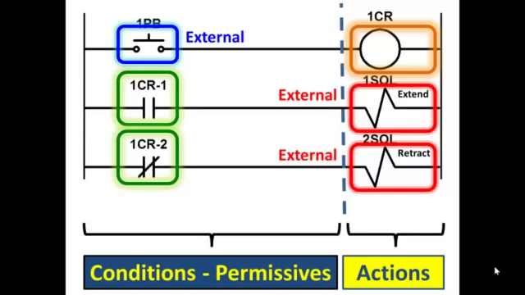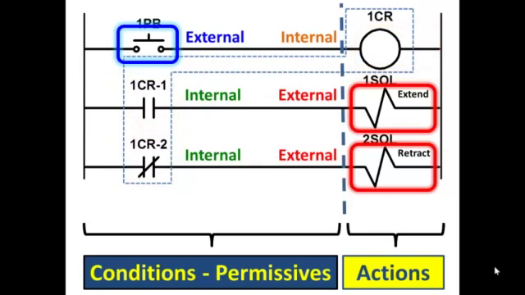The push button is the external interface to the operator, and the two solenoids are the external interface out to the cylinders that extend and retract. And then we have internal interfaces, the two relay contacts and the relay coil itself. And of course, that relay is an actual device.